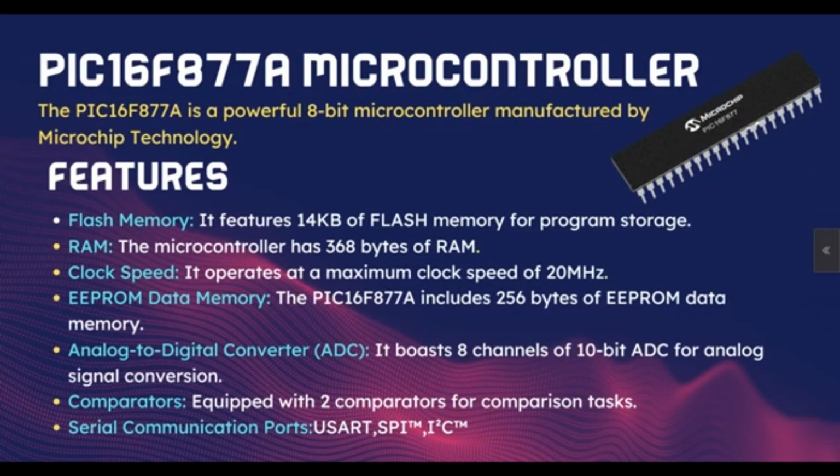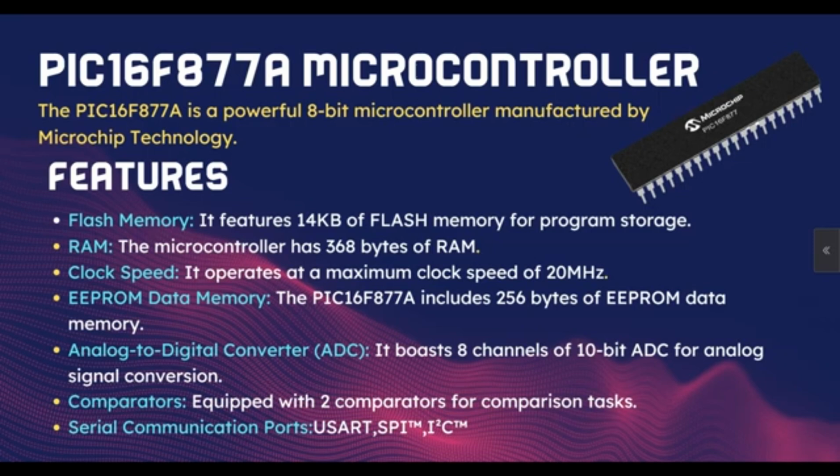Let's see the features of the PIC16F877A microcontroller. It is an 8-bit microcontroller manufactured by Microchip Technology. It has many features like flash memory, RAM, clock speed, EEPROM data memory, analog to digital converter, comparators, and serial communication. It features 14 kilobytes of flash memory for program storage.